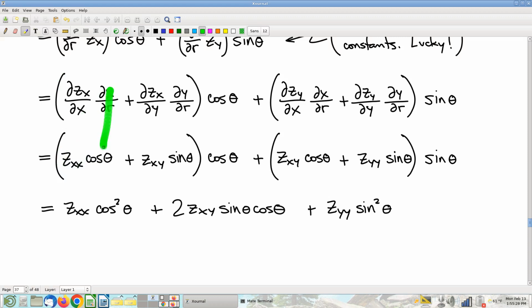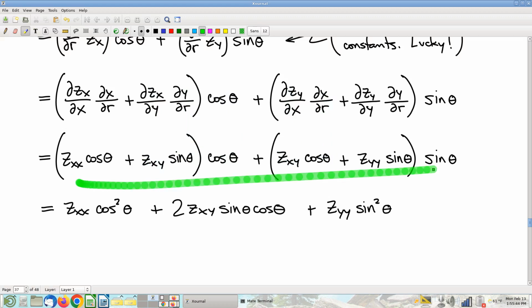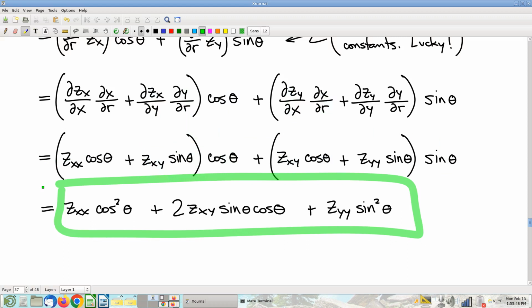Partial of x with respect to r, again, cosine theta. A little simplification, just like we did before. Again, notation, easy derivative, constant, notation, easy derivative, et cetera. It's all the same ideas. And then you can multiply this out and collect terms, and this is your final simplified answer. Okay, everybody on board?